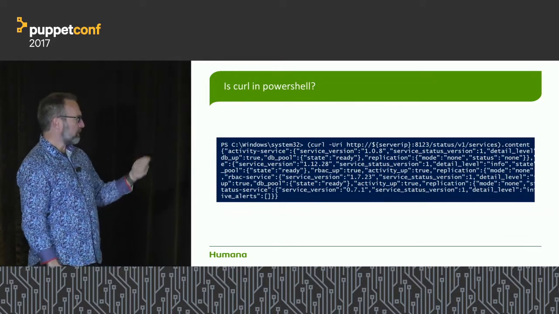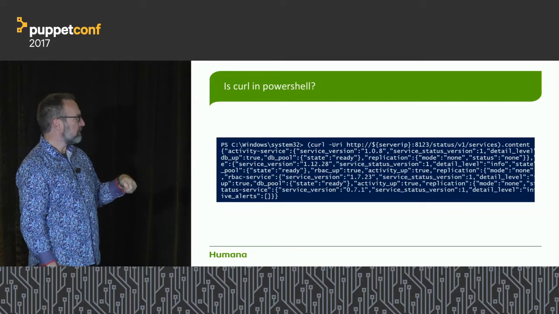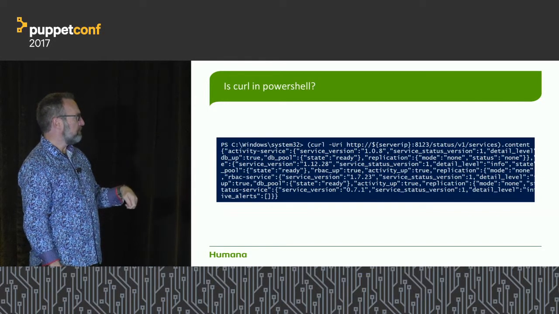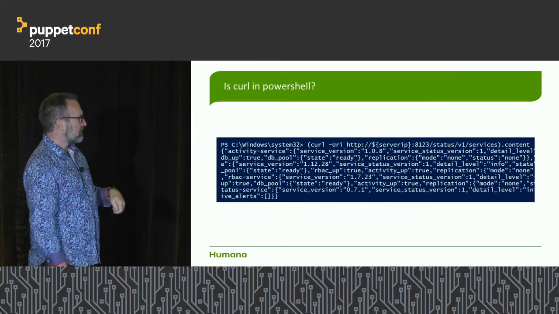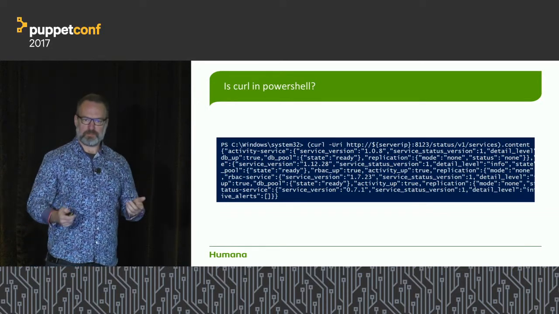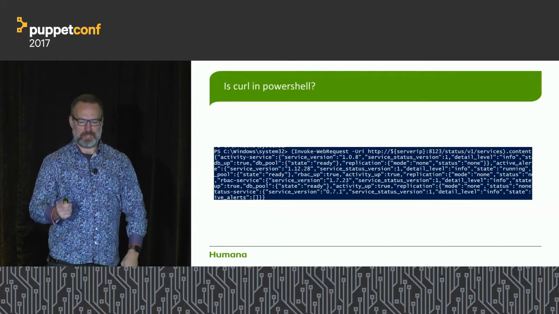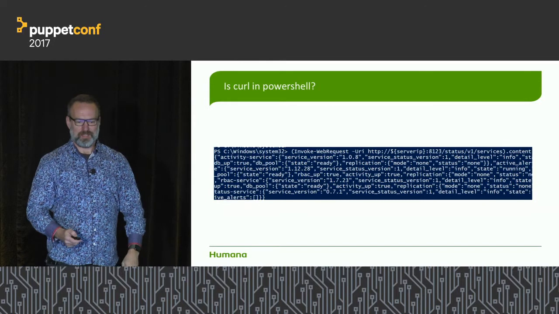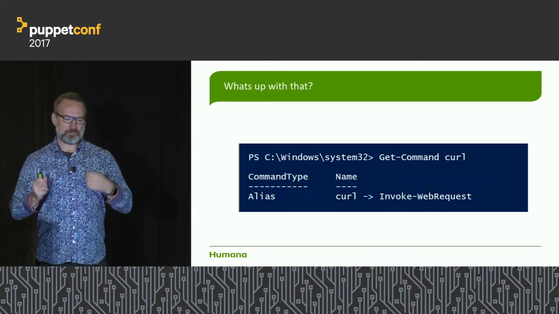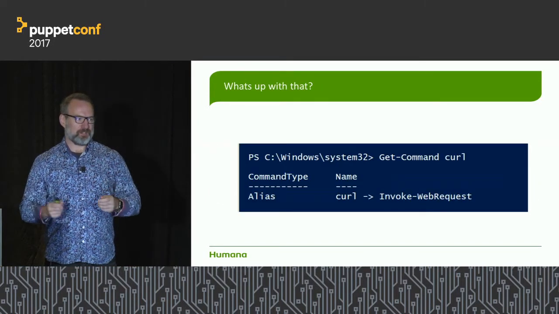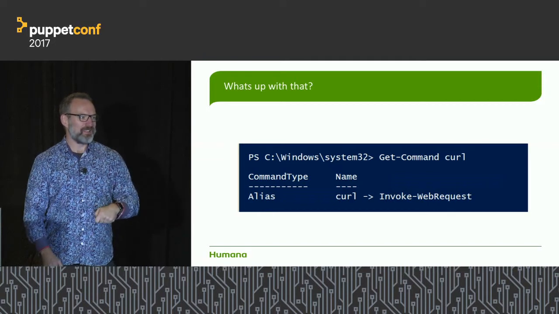If you run a curl with the URI and put in things here for getting a services endpoint, you get this back, which looks kind of cool because it's JSON and it's what you're kind of expecting. But if you run the same thing with Invoke-WebRequest, as you see, it's the same thing, just cropped a little differently. And the reason for that is curl inside of PowerShell is just aliased to Invoke-WebRequest.